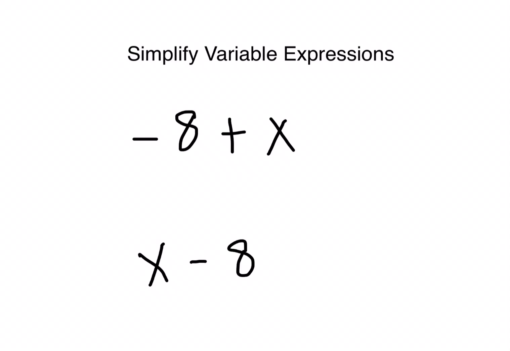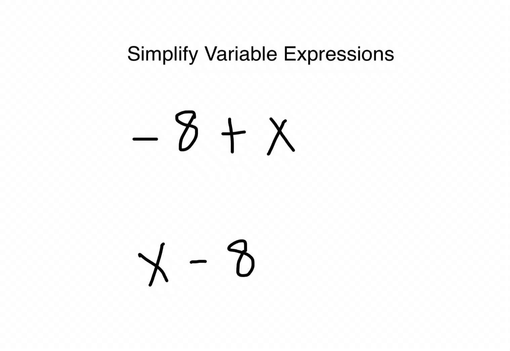We're going to go ahead and talk about our topic of today, and that is simplifying variable expressions using our properties. By properties, I mean this. If I were to have something like negative 8 plus x, we need to remember that this is also the same thing as x minus 8.